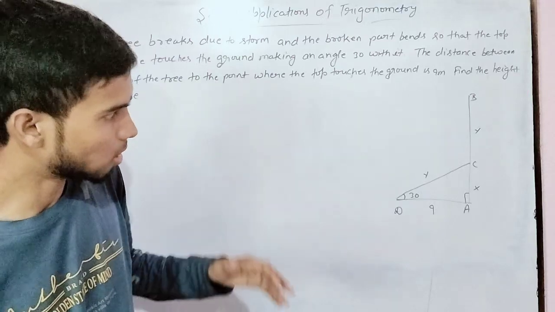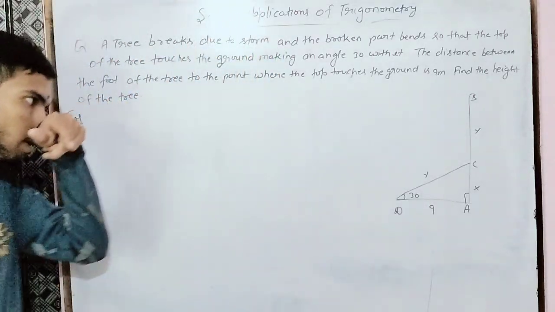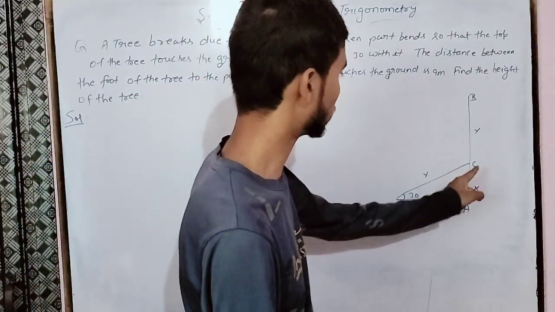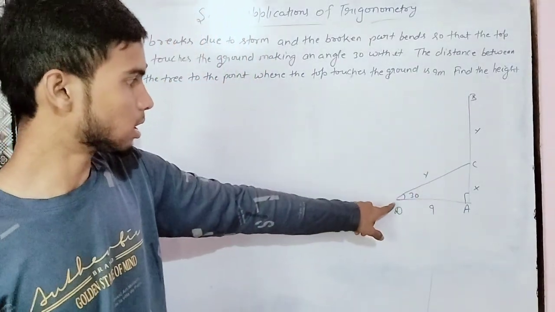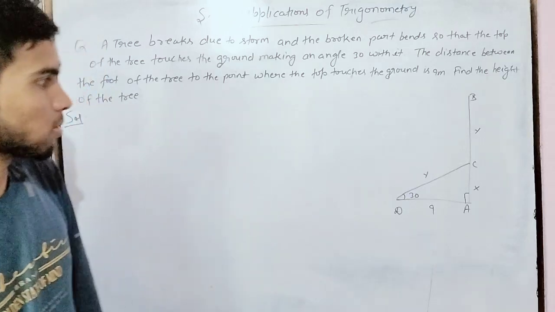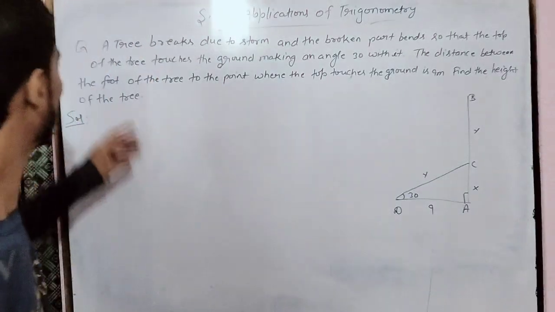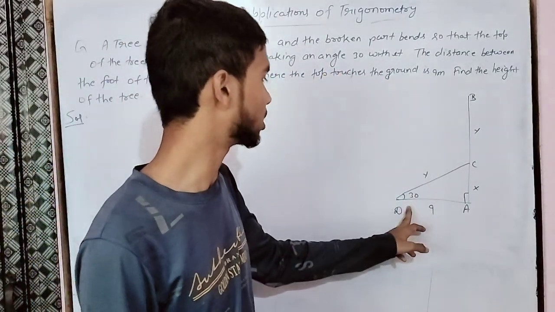It fell down such that it made a triangle. Due to the storm the broken part bends so that its top touches the ground by making a 30-degree angle with the ground.